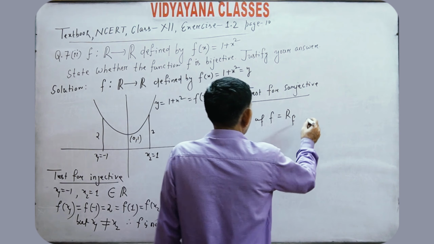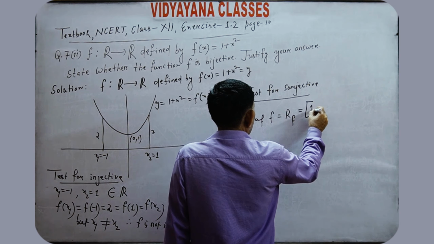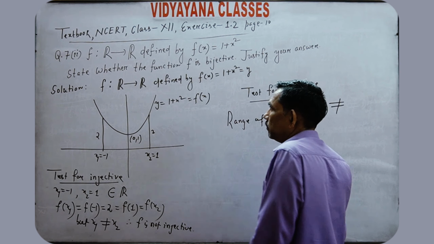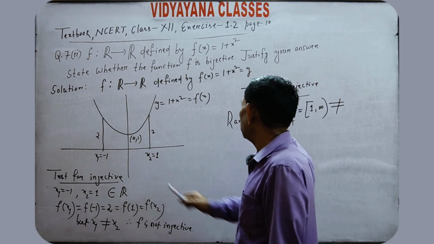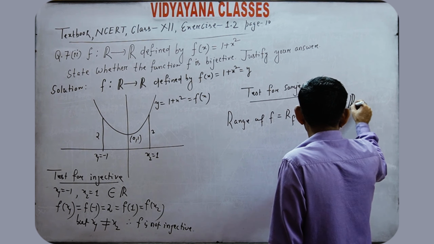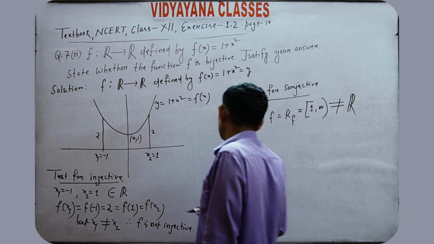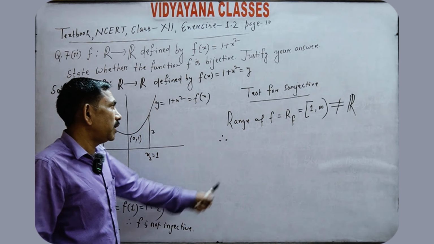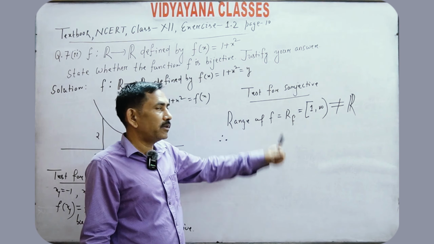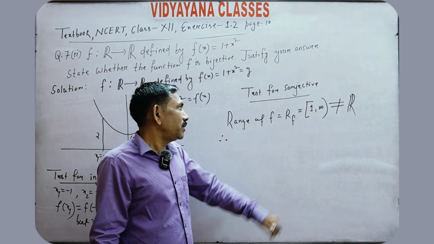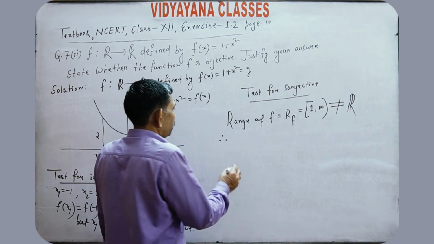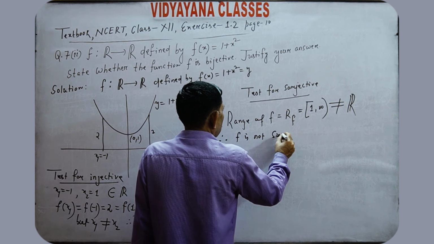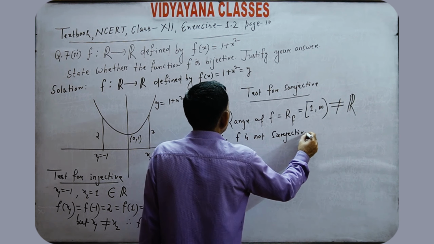So range is the closed interval 1 to infinity, which is not equal to the codomain of f. It is the domain of f, it is the codomain of f, not equal to the real set. If range of f is equal to codomain of f, then the function is said to be onto. Here, range of f is not equal to codomain of f, so f is not surjective.